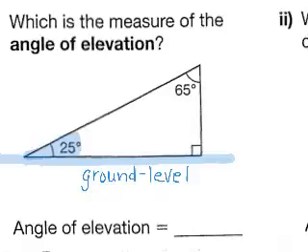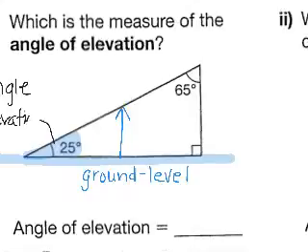Basically, if we stand at the ground and look up, this is the angle that we're looking at. So we're going to label that as angle of elevation, and we know that it is 25 degrees.